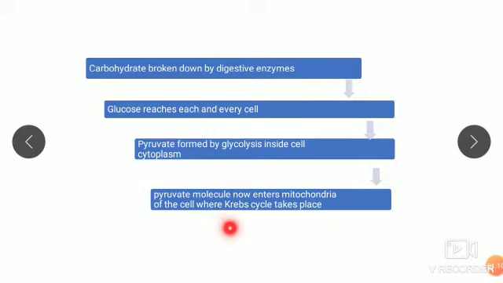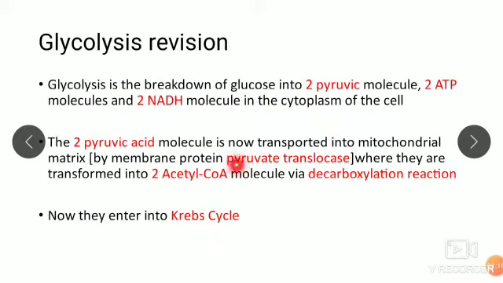Now, this pyruvic acid molecule is transported inside the mitochondria through facilitated diffusion by the enzyme pyruvate translocase. This is the surface protein which is present on the surface of the mitochondrial membrane.